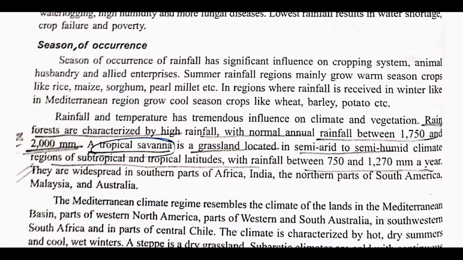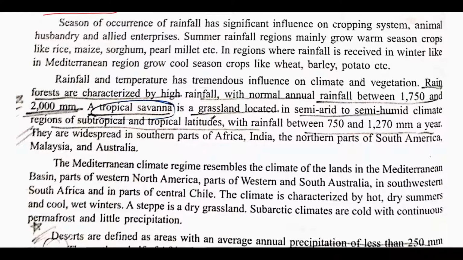Now, there are various seasons of occurrence of rainfall, and if you talk of the ecosystem type, see, rainforests are characterized by high rainfall, between 1750 and 2000 mm. This rainfall range is very important for categorization of rainforest.